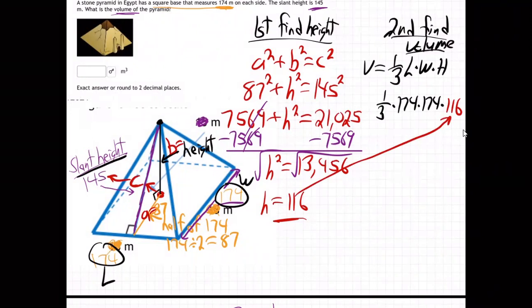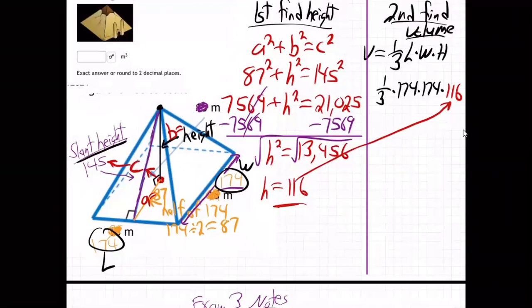So let me try to separate this a little bit better. There we go. Okay, now let's hit the buttons on our calculator. I'm going to go 1 divided by 3 times 174 times 174 times 116.